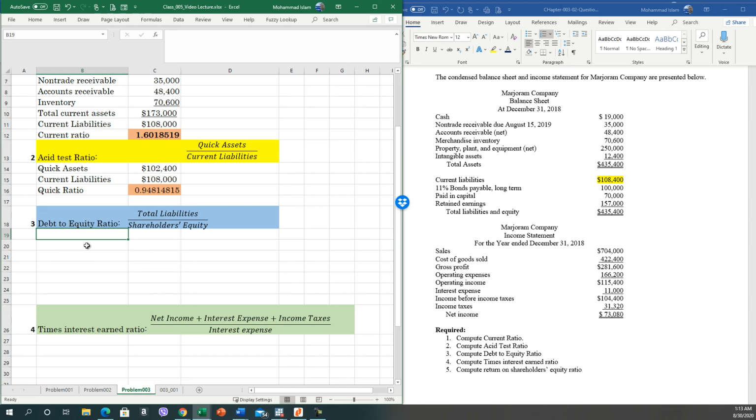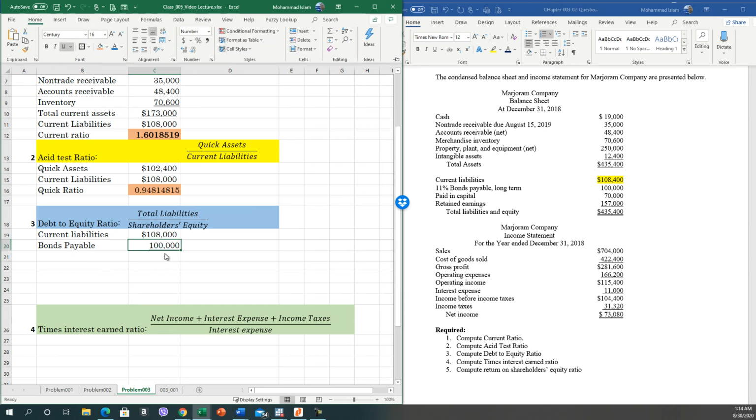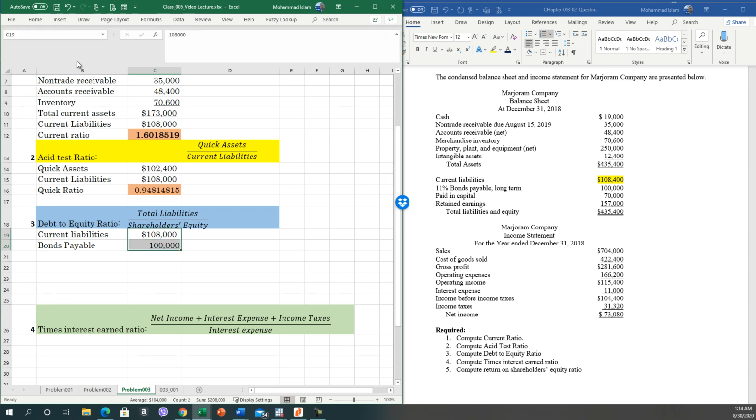We have current liabilities, that is 108,000, and bonds payable, it is saying long term, so that is 100,000. So this is our total liabilities. Okay, so let's use the auto sum.